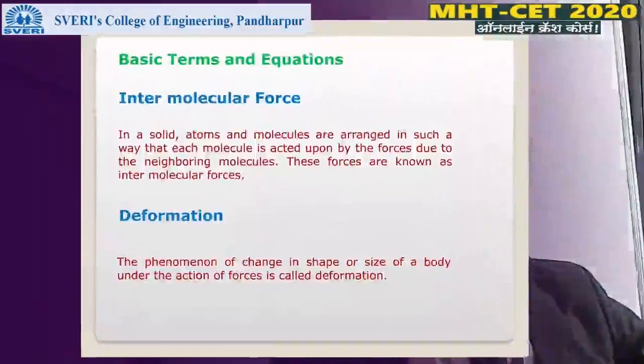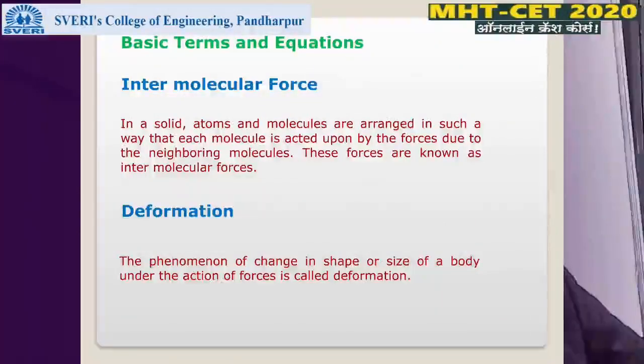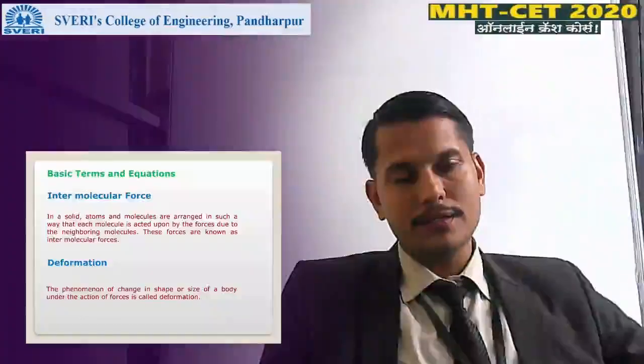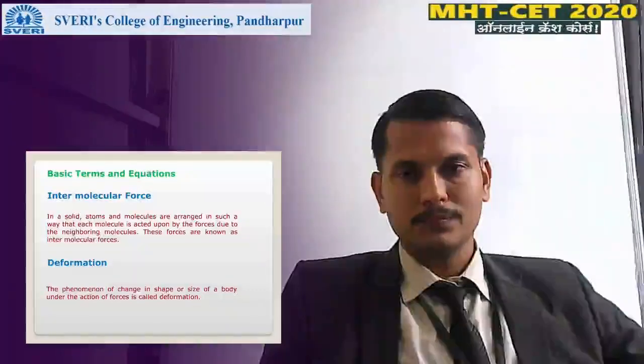Now let us check the exact meaning of these two terms. First is intermolecular force. Simply, in a solid, the atoms and molecules are arranged in such a way that they are acted upon by the forces due to each other, that is, the neighboring molecules, and these forces are called intermolecular forces.